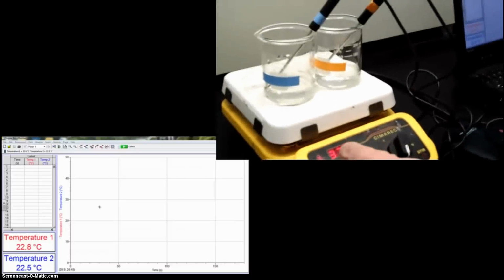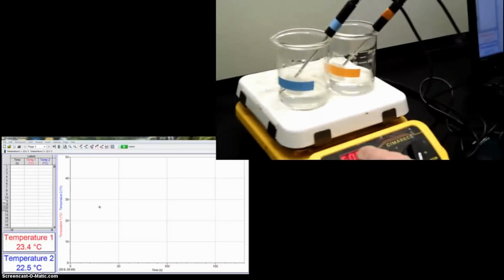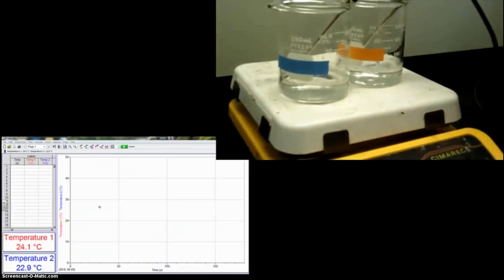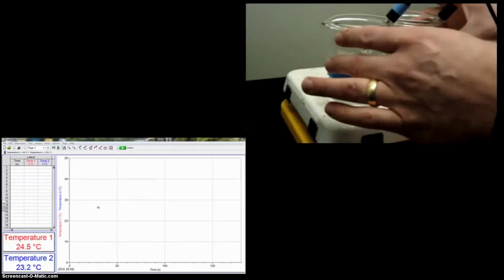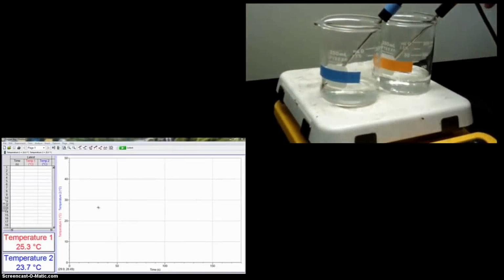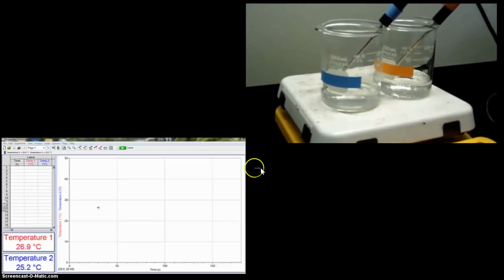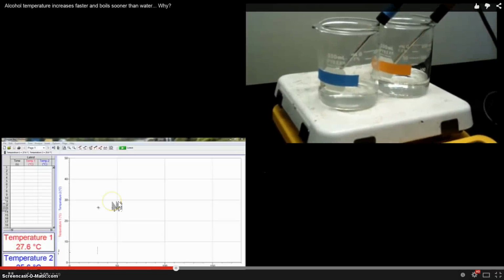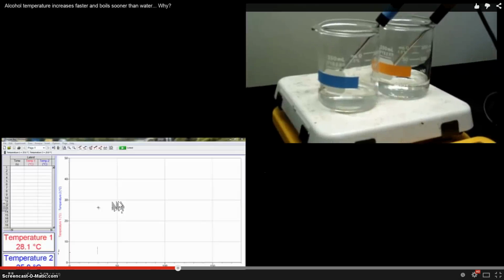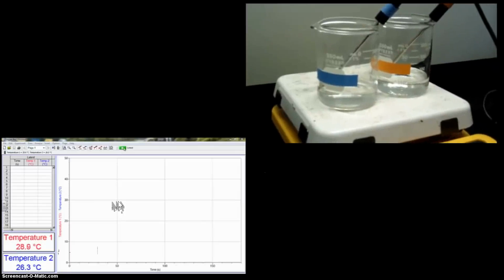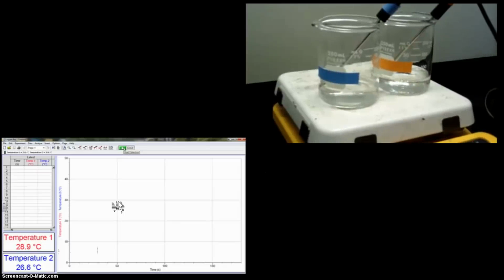They started off at the same 22.5 degrees Celsius. And now look, the one on the right, which is the alcohol, is measured in red. Notice that its temperature is already higher than the temperature of the blue one, which is the water one, the one on the left.